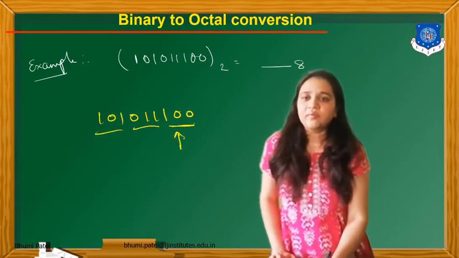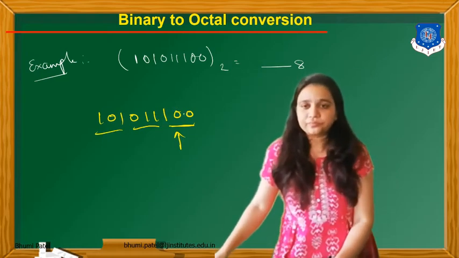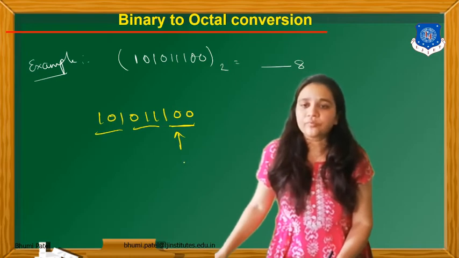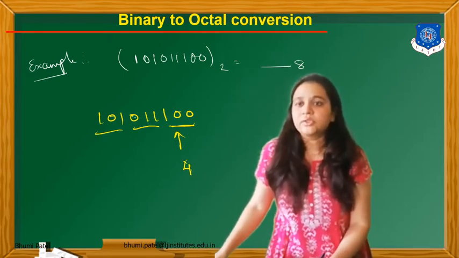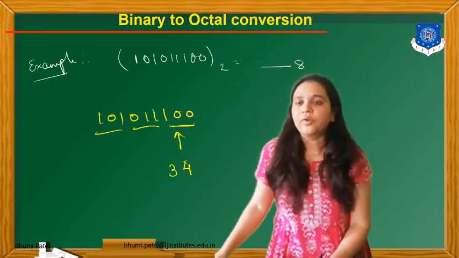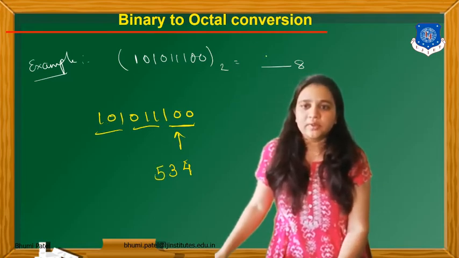Now what is the conversion? 0 0 0. So we write here 4, 2, 1. So this is 5. So the conversion is 534.